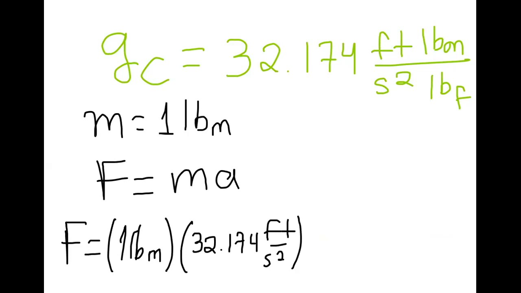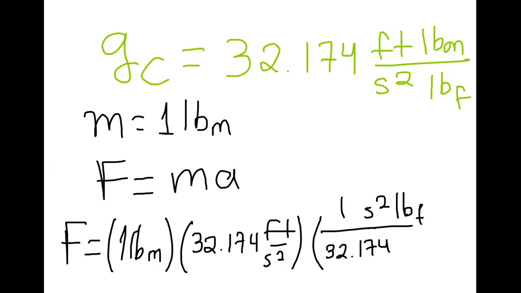But then I want pound force. So in order to have pound force, I need to divide this over GC. So I will have 1 over 32.174, right? Which is the GC. And this is second square pound force over foot times pound mass, right?